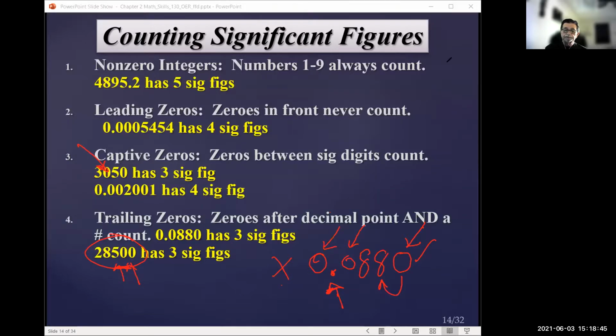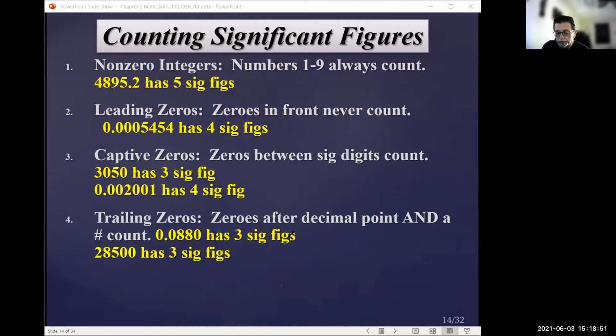Now, when we get to the actual mathematics, let's say we were multiplying or dividing these two numbers. Our answer would have 3 sig figs because both of them have 3 sig figs. Over here, one has 3 sig figs, one has 4 sig figs.